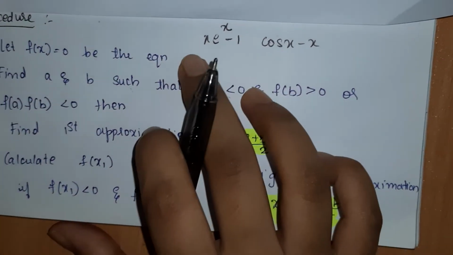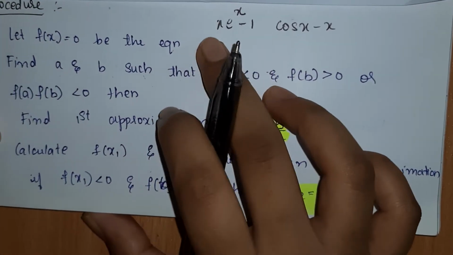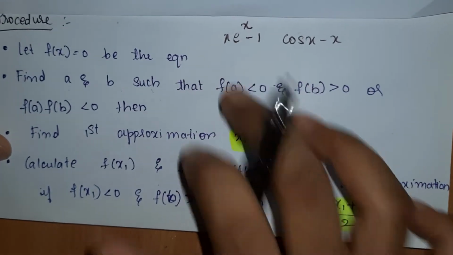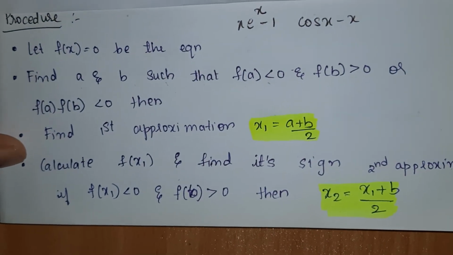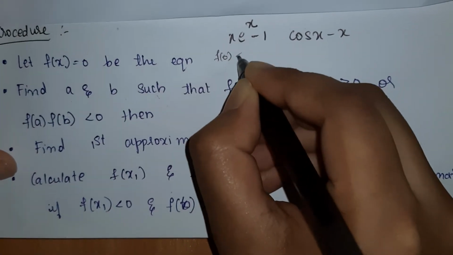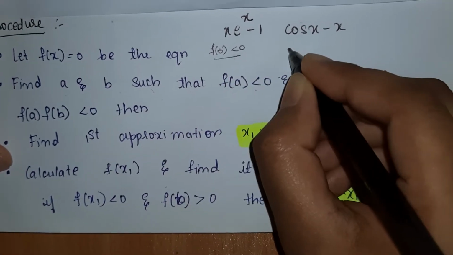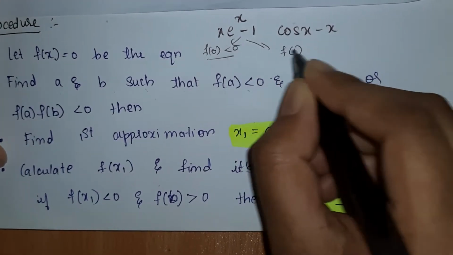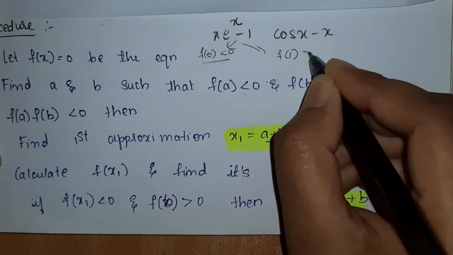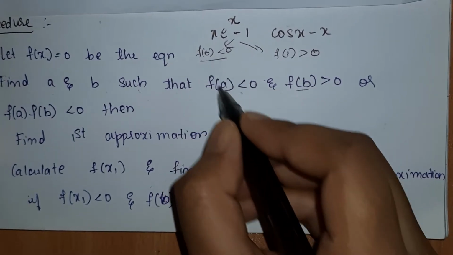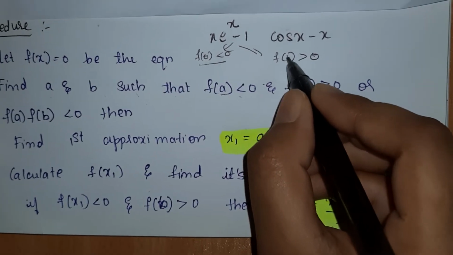You substitute the values and see: first you substitute 0 in this, and if f of 0 is less than 0, take that value. Again you check f of 1 for this equation only. If we get greater than 0, take those values as a and b. So a is 0 and b is 1.